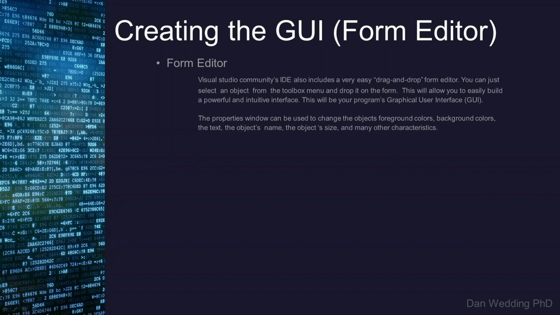You can just select the object from the toolbox menu and drop it on the form. This will allow you to easily build a powerful and intuitive interface. This will be your program's graphical user interface. The Properties window can be used to change the object's foreground colors, background colors, the text, the object's name, the object's size, and many other characteristics.